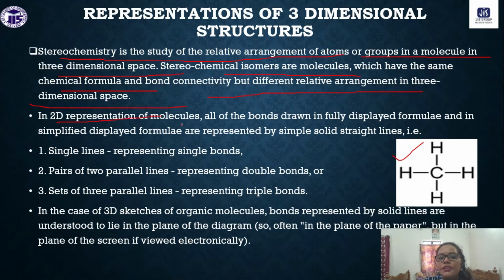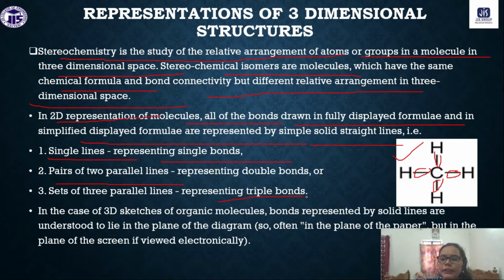In two-dimensional representation of molecules, all of the bonds are drawn in fully displayed formula. You can see the solid bonds here, and in simplified displayed formula they are represented by simple straight lines. One single line represents a single bond, a double line is called a double bond, and a triple line is called a triple bond.